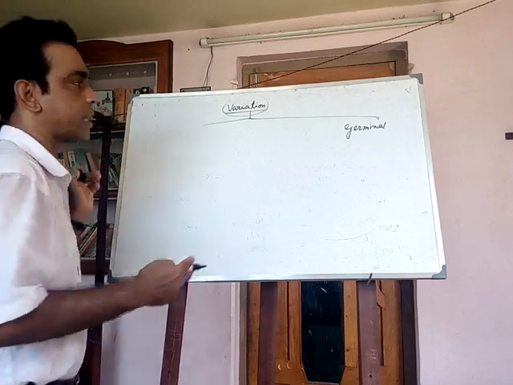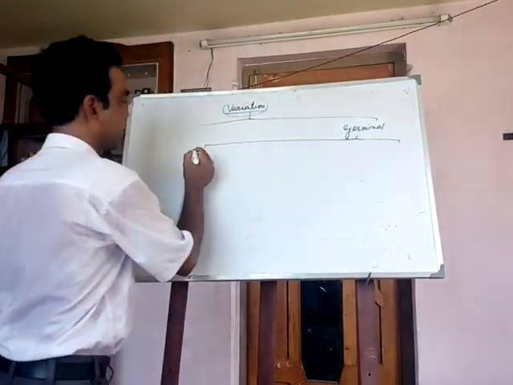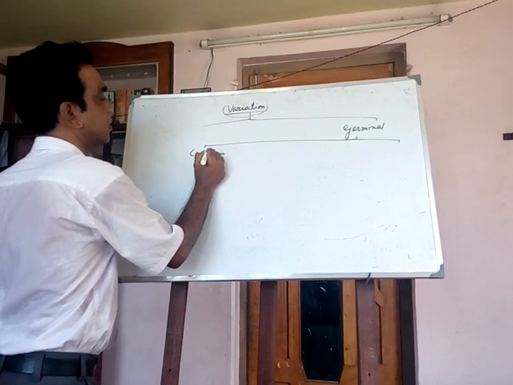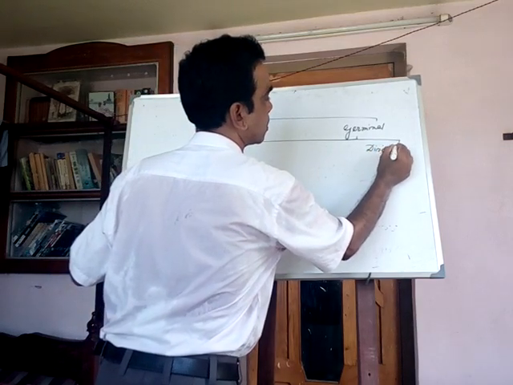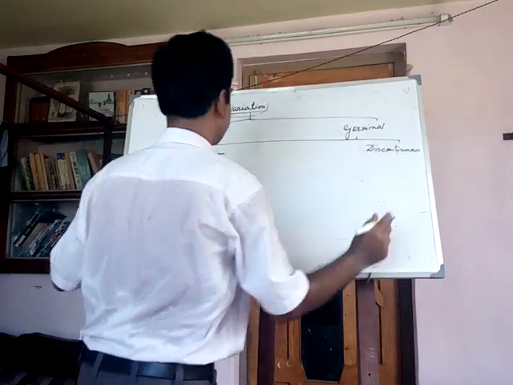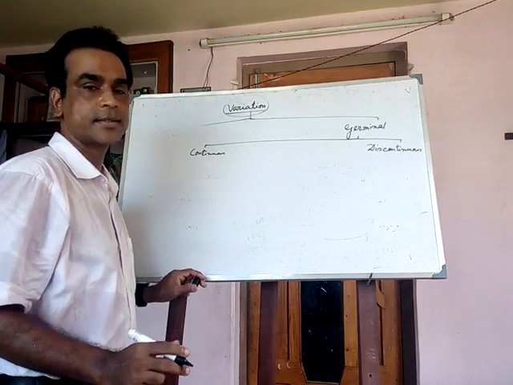Two types of germinal variations are continuous and discontinuous.